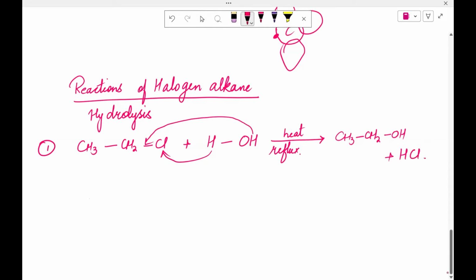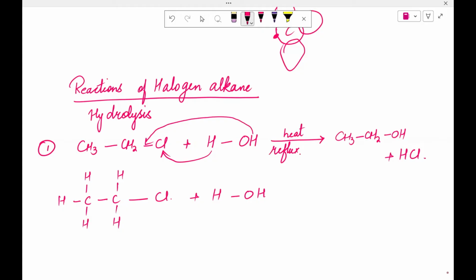Let's discuss its structure as well. And this is Cl, this is H, this is OH. We know OH is basically a nucleophile.